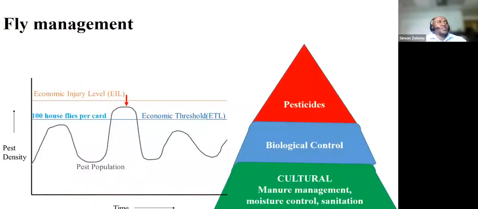So coming back to this very interesting graph, what we can do to maintain the population of flies below the economic threshold level is the one in green here, cultural control, and then the one in blue, the biological control.